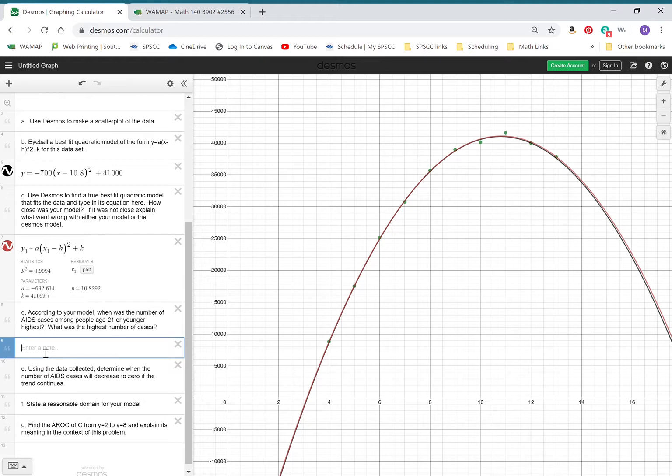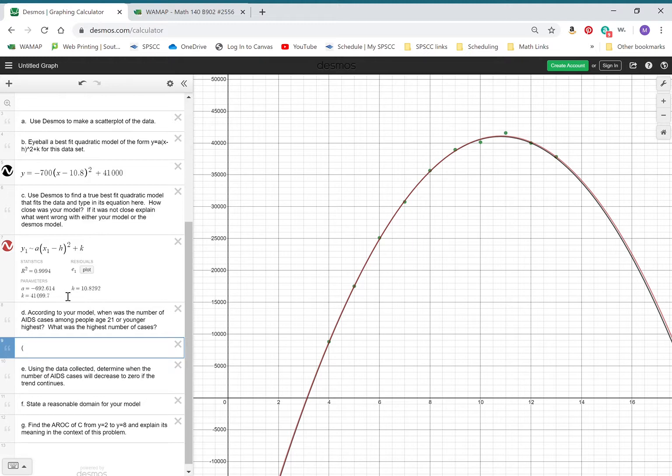I don't want you to do any work in this case because we were given vertex form. We don't have to do any algebra. If you're in standard form, I expect you to use that the x-coordinate of the vertex is negative b over 2a. So you will have to do work on some things, but in this specific problem, I can just look at my numbers from when I found my model.